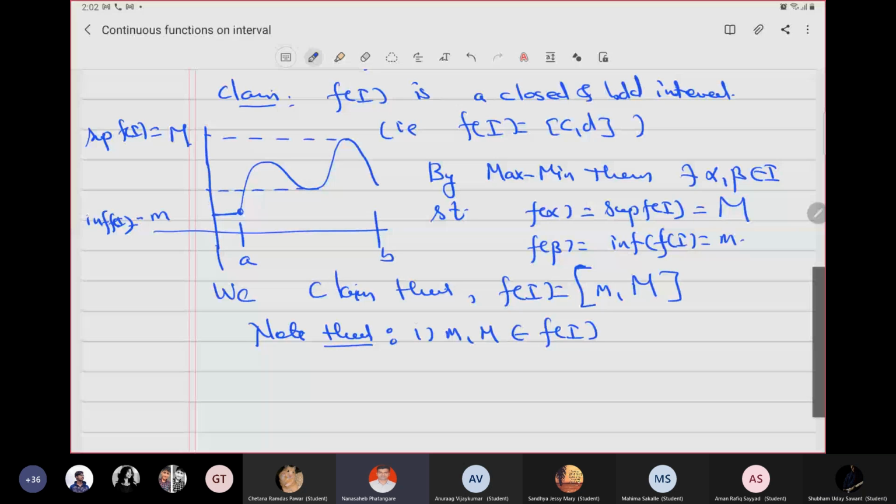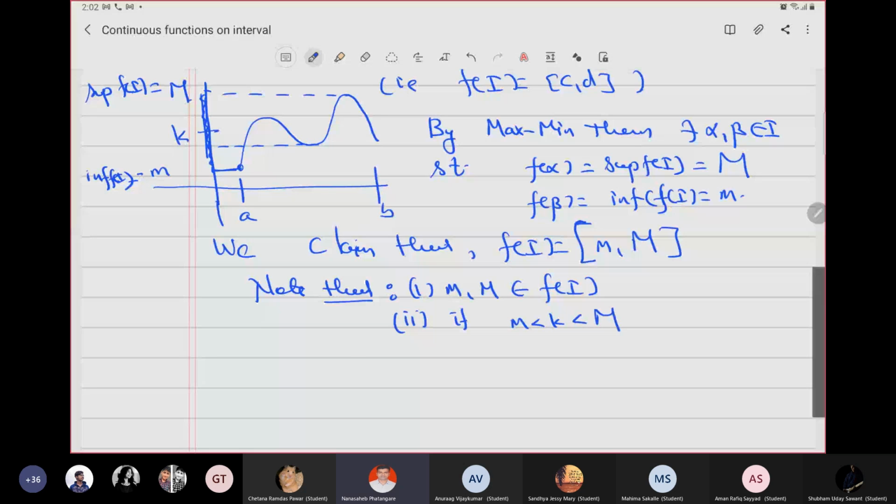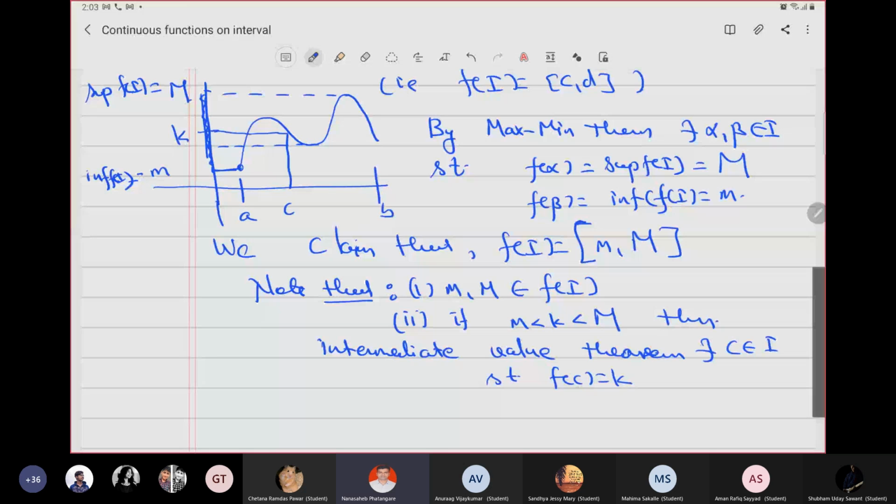Now if m is less than k is less than capital M, then by the intermediate value theorem, there exists c belonging to I such that f of c is equal to k. That means if you choose any k between small m and capital M, there is c in the domain at which the value is k. That means k is in the range.